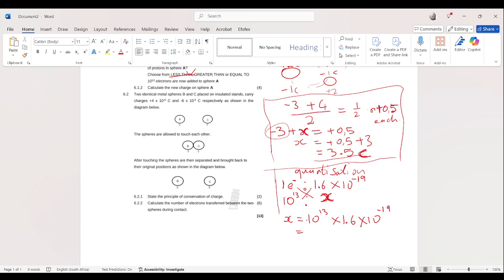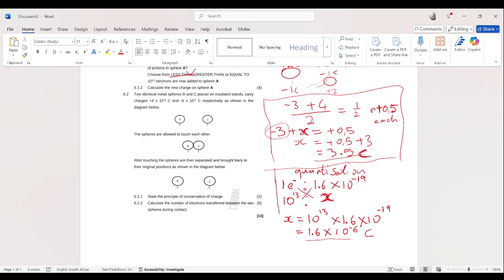It gives us 0.00016, so this will be 1.6 times 10 to the power of minus 6 coulombs.